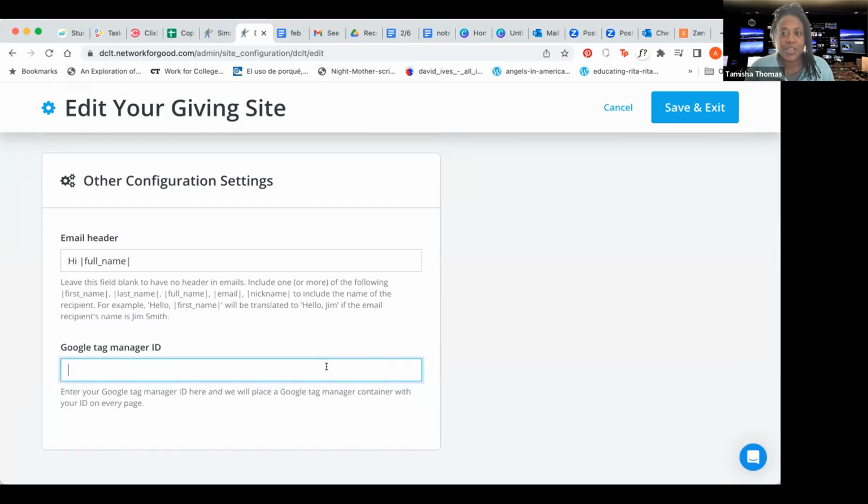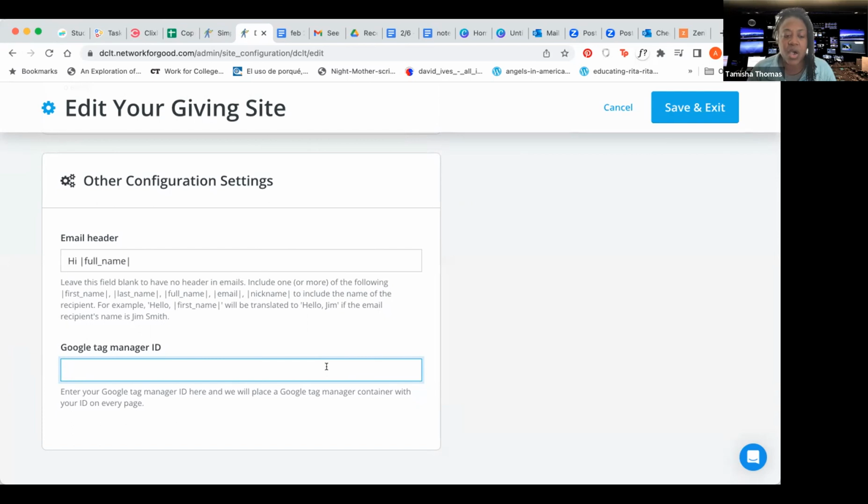Okay. So this is what we're about to learn next, because this is going to be the science of everything. And today we're going to learn about Google Tag Managers and analytics. Have you ever heard of those two terms? Okay, so we're about to learn about analytics. Your Google Tag Manager ID is how you're going to start to track things.